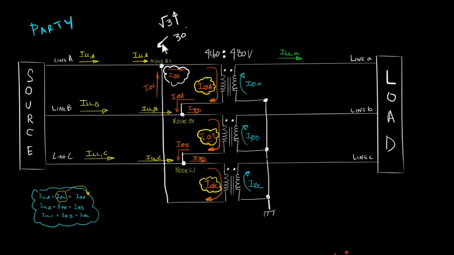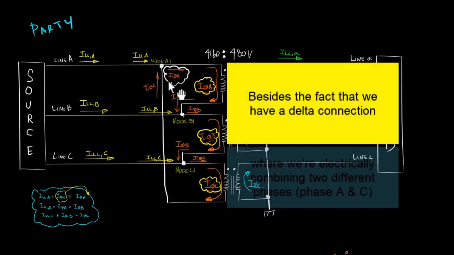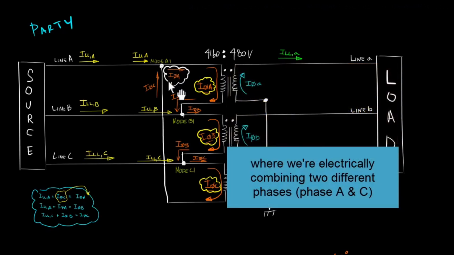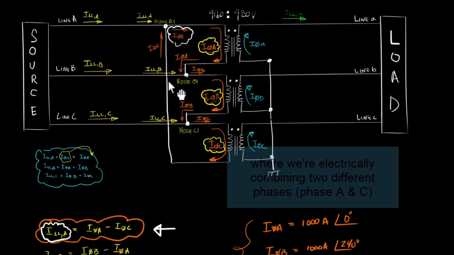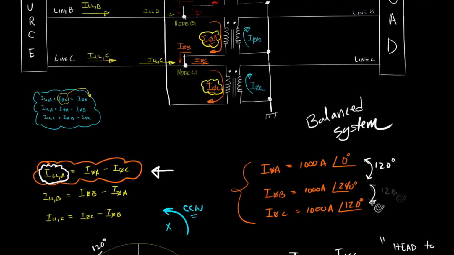So let's take another step back and ask ourselves, why are our line currents different from our phase currents? It's because when we set our phase A, B, and C currents, we said that we would have a balanced system. In this balanced system, we have 120 degrees phase shift between our three phasors, all right?